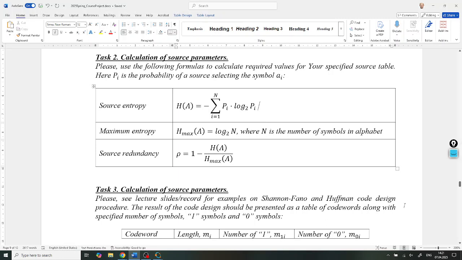Essentially, we can rewrite the same formula slightly differently. This is the actual information of the symbol, and that's how much information this specific symbol contains with the probability p of i.